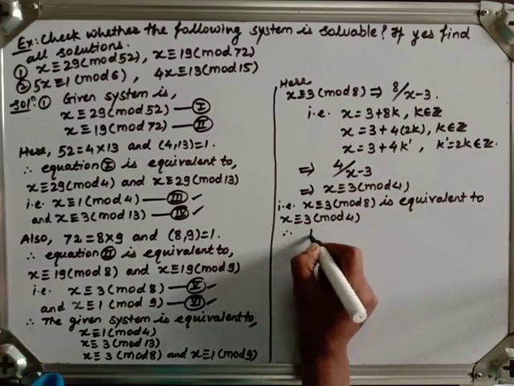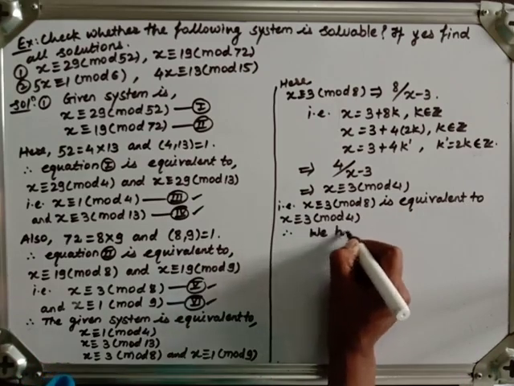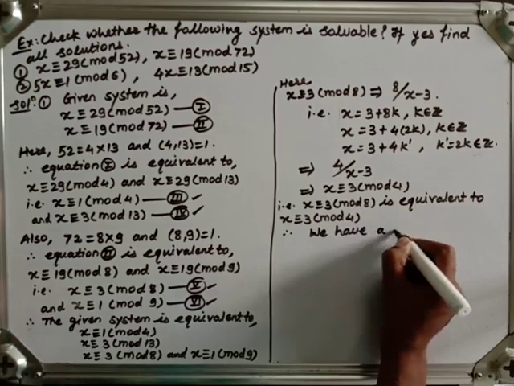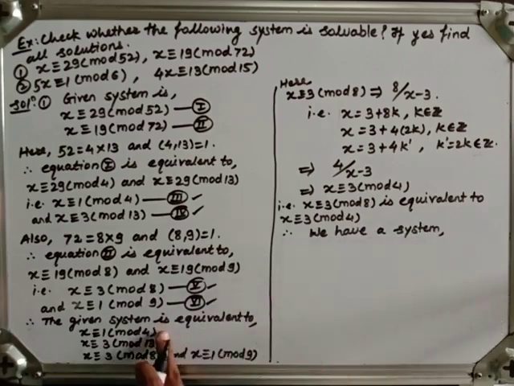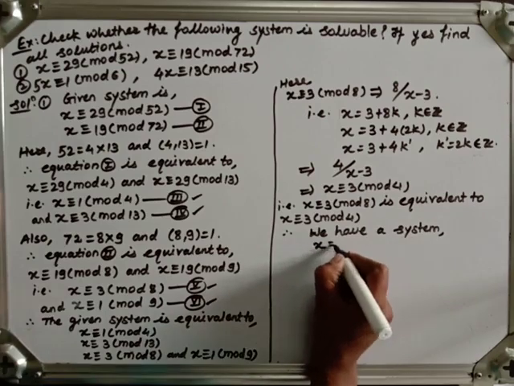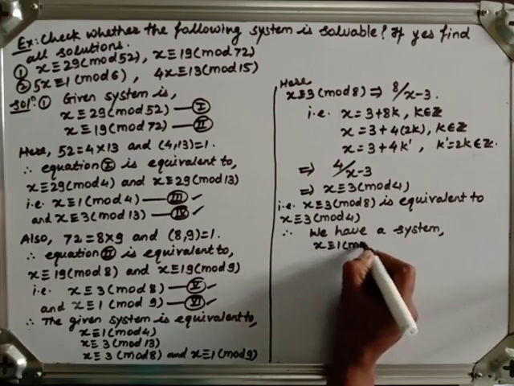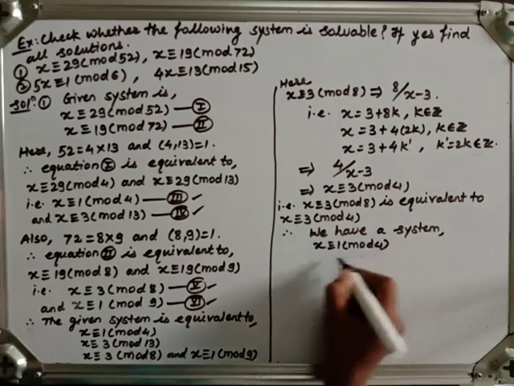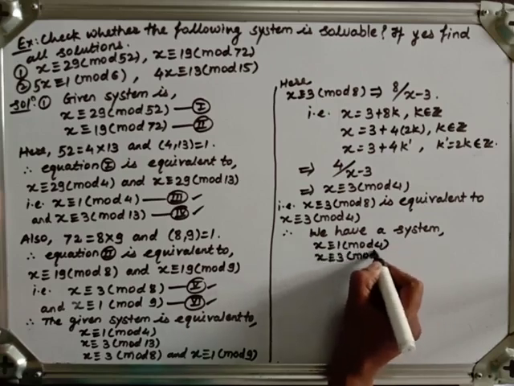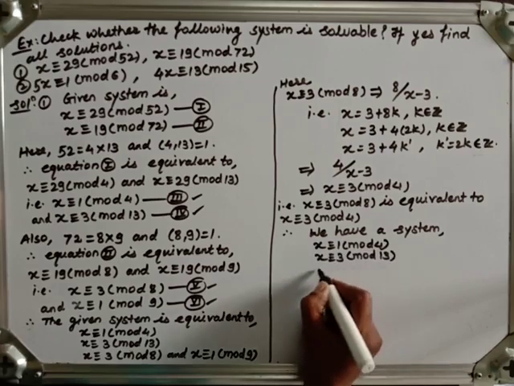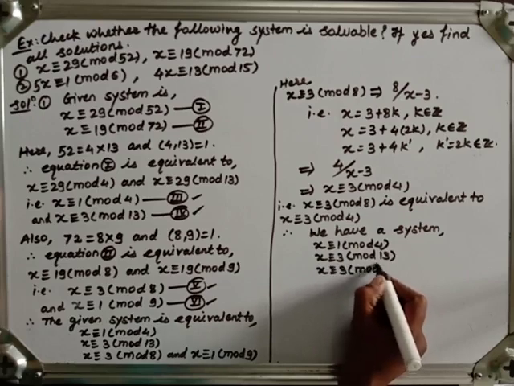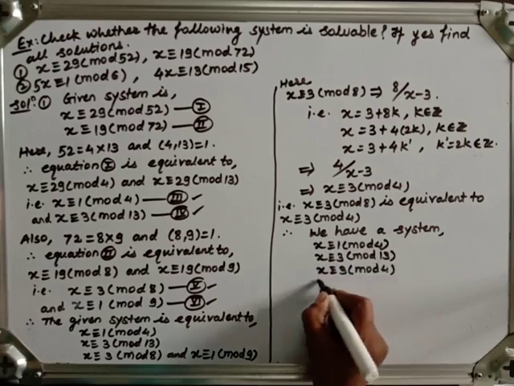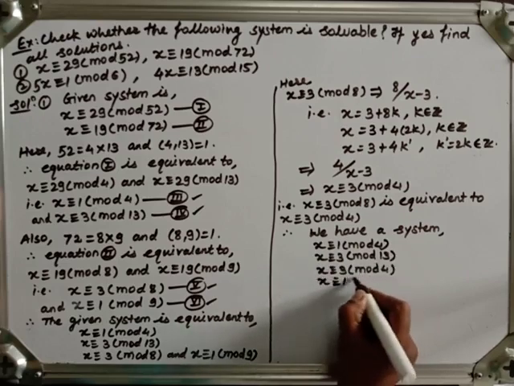Therefore we have a system: x congruent to 1 modulo 4, x congruent to 3 modulo 13, x congruent to 3 modulo 4, and x congruent to 1 modulo 9.